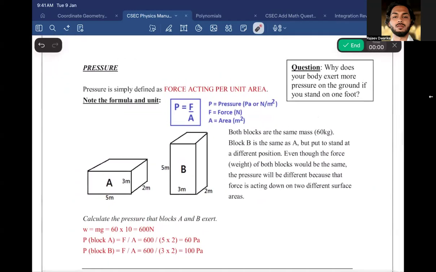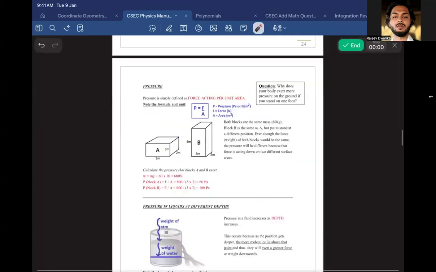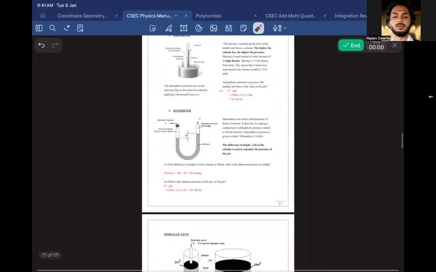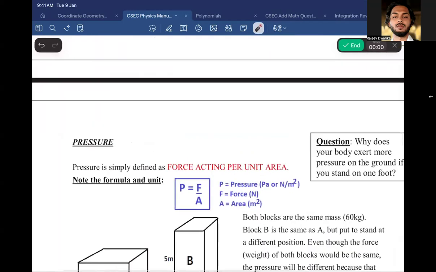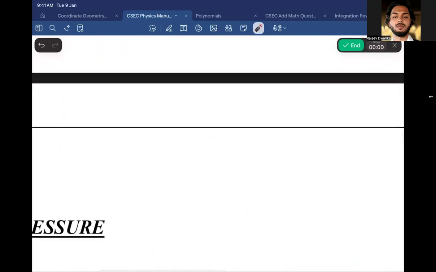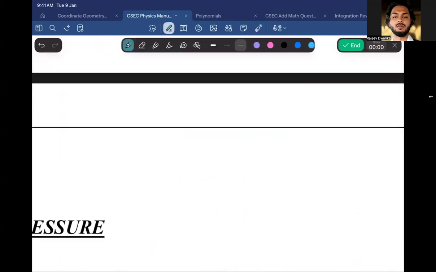Right, pressure. So we have 8 minutes again. Let's do some work on pressure before we end off. Before we start, does anybody know the unit for pressure? Shayna, do you know the unit for pressure?